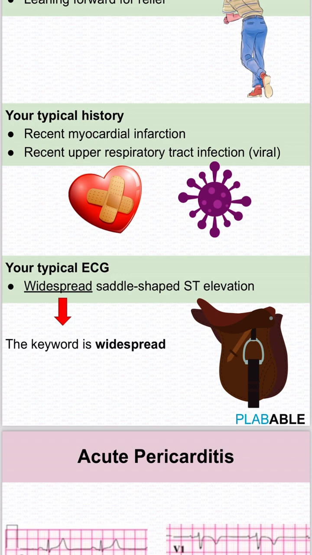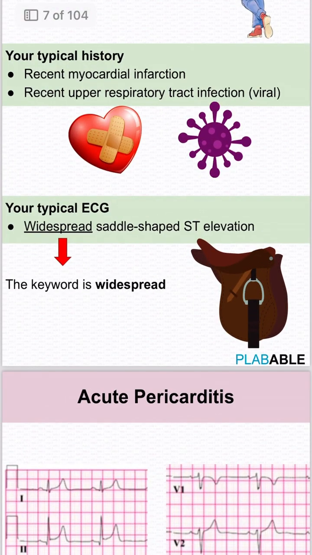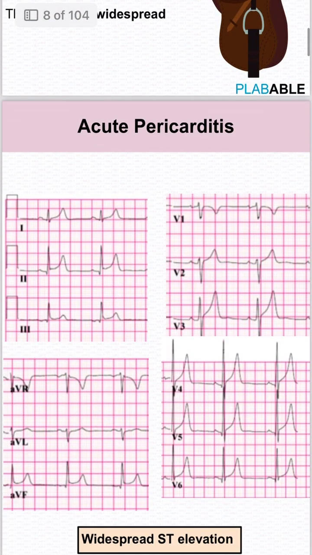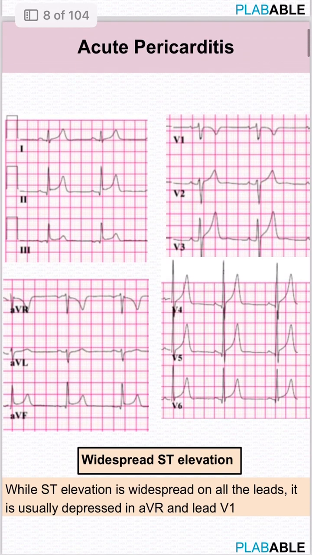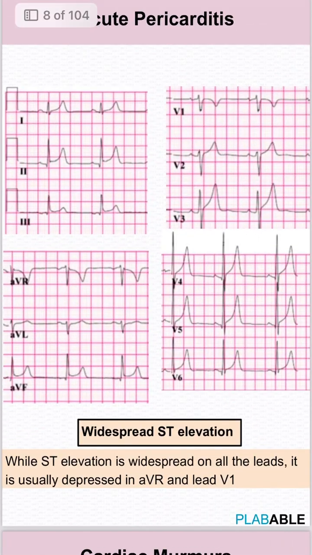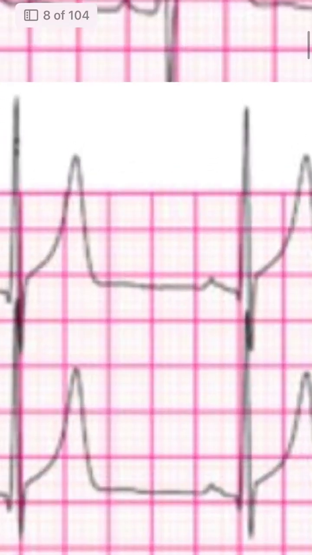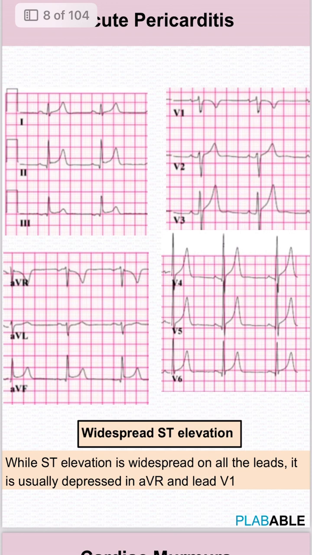On ECG there will be widespread saddle-shaped ST elevation. So the keyword is widespread saddle-shaped ST elevation. You can see here that ST elevation is widespread in all the leads except lead aVR and V1.